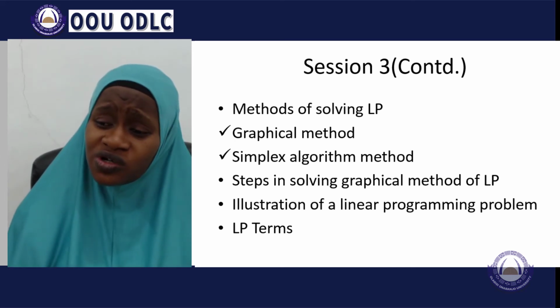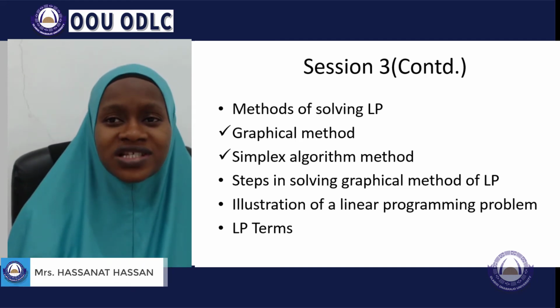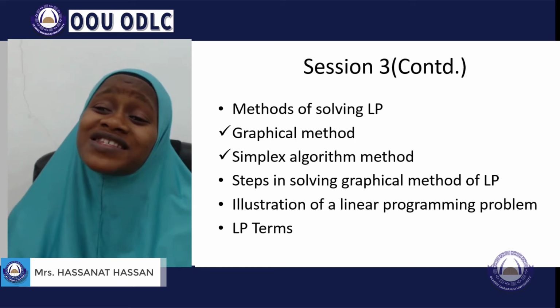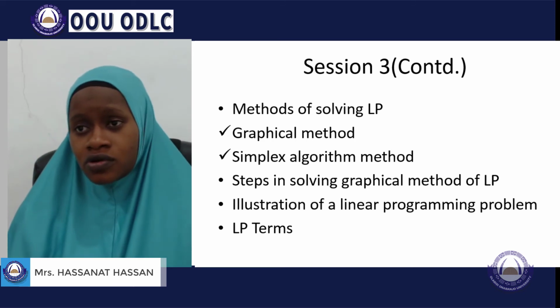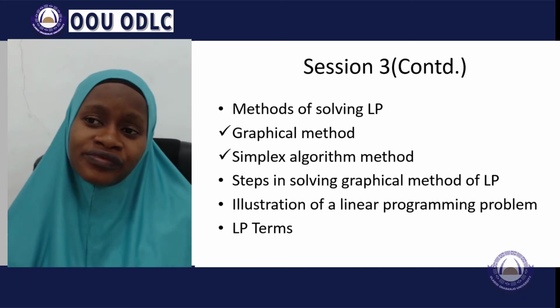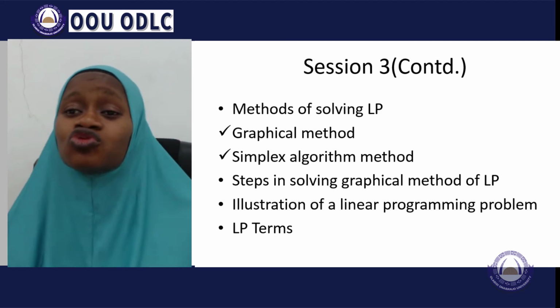For constraint 1, we have 2x1 plus 3x2 less than or equal to 12. That is, in totality, the maximum number of resources or labor hours available is 12. The maximum hour that is available is 12.